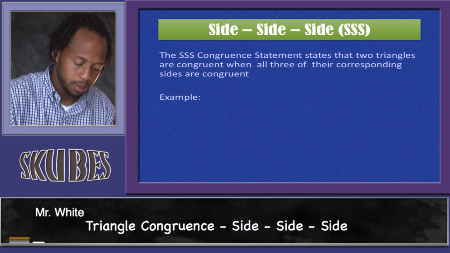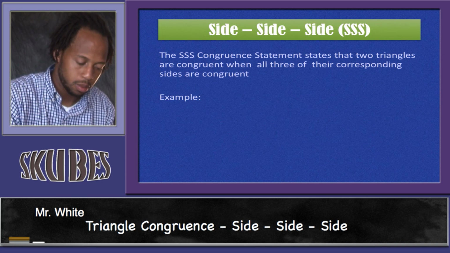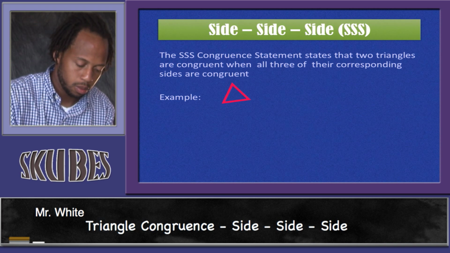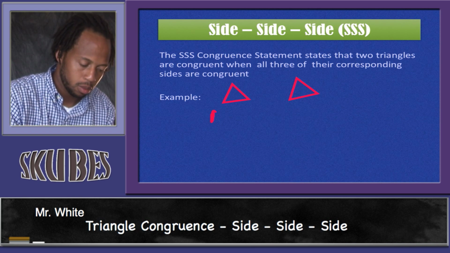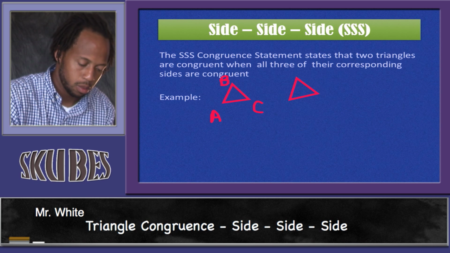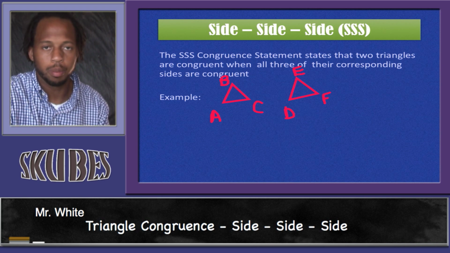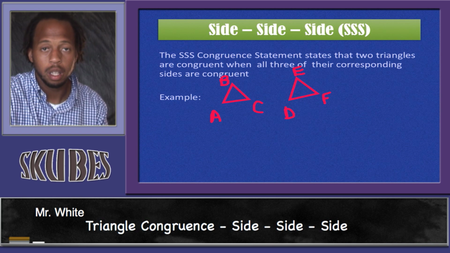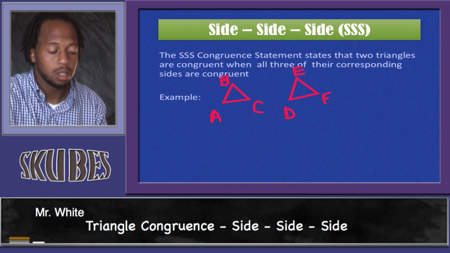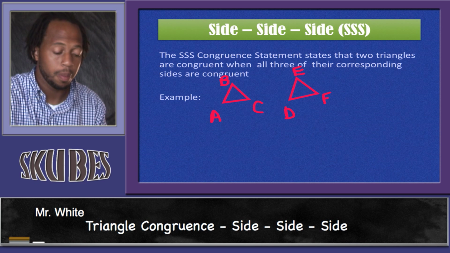So, for example, we want to prove that triangle ABC is congruent to triangle DEF using the side, side, side congruent statement.